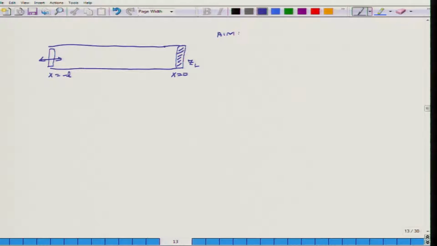Our aim is to find ZL in terms of pressure data available through a microphone.